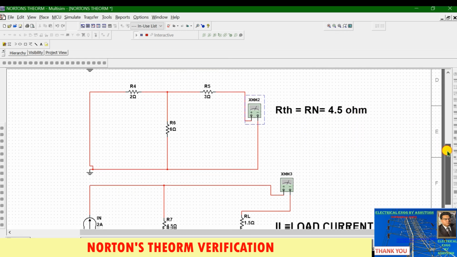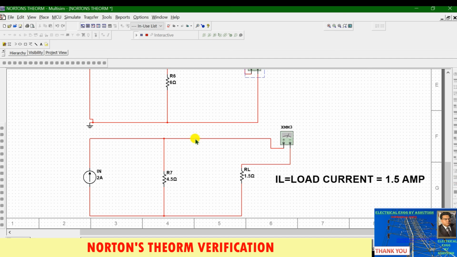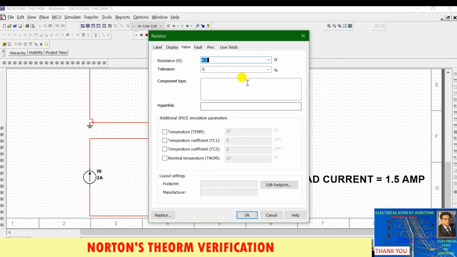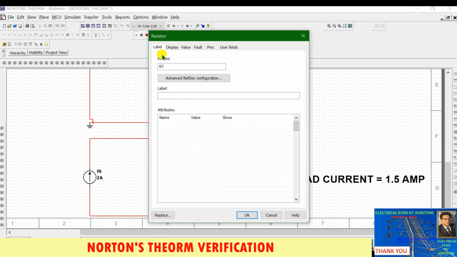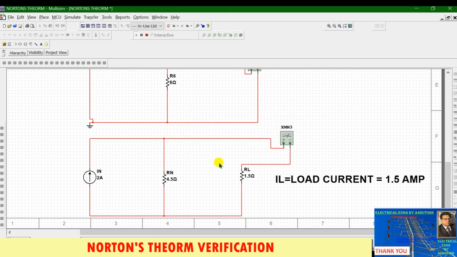And finally you can see here the Norton's equivalent diagram we already drew. This is the 2 ampere IN, Norton's current. You can write the name RN here, and this is the RL, and you can click on the run button.